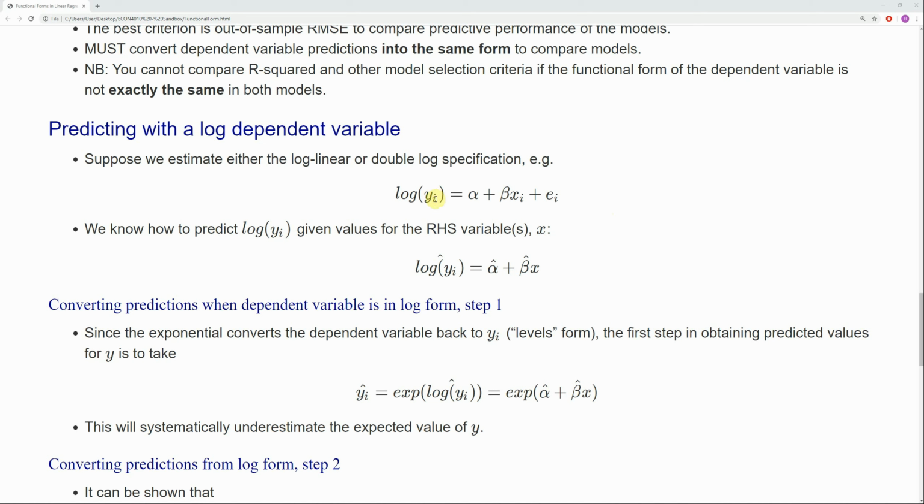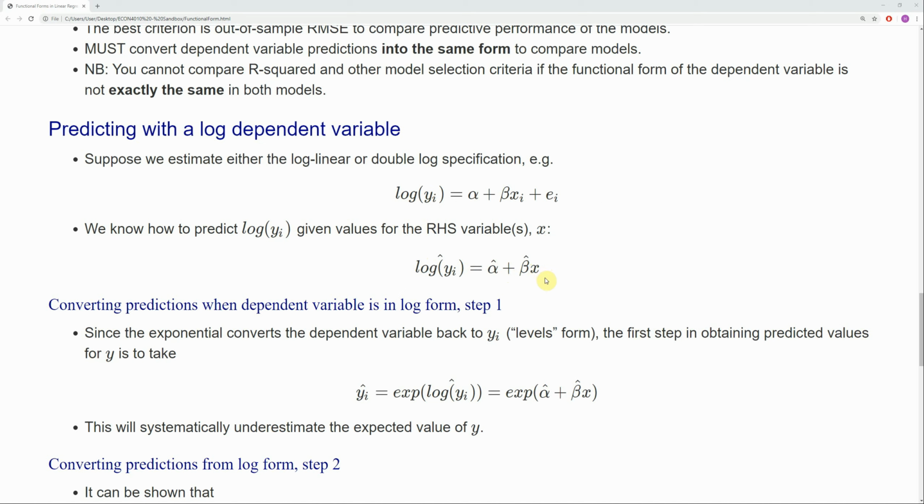Our goal is to find yi hat. Once we estimate this model, it's easy for us to estimate log of yi hat, which is alpha hat plus beta hat multiplied by x.